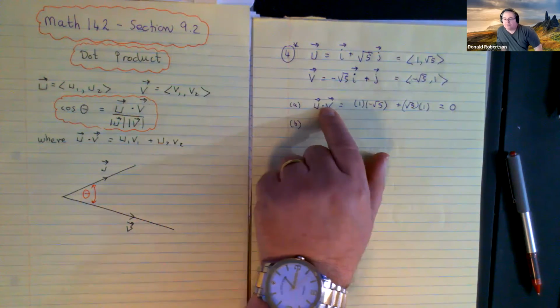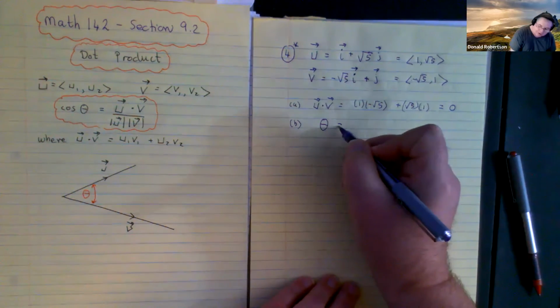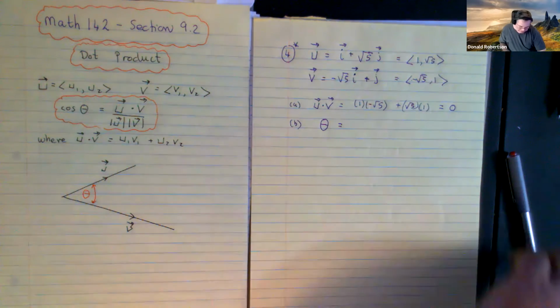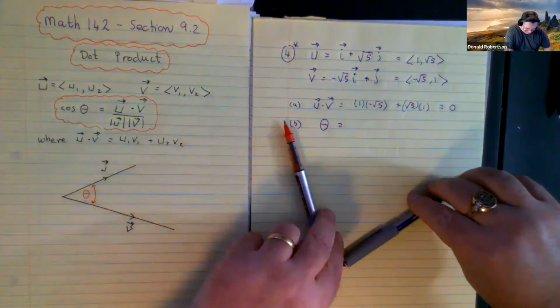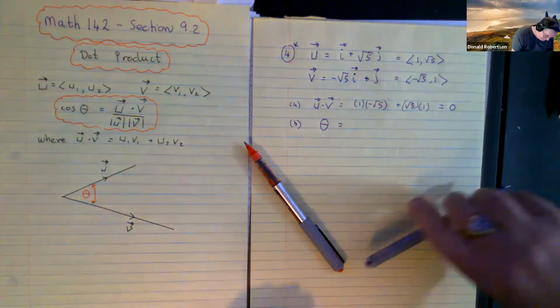If the dot product is 0, what angle are you guaranteed is going to be between the two vectors? 90, yeah.